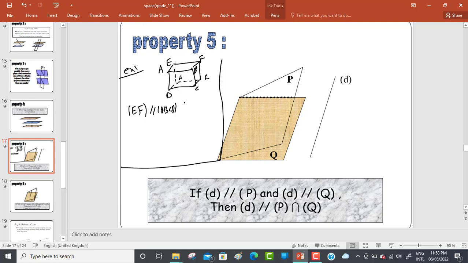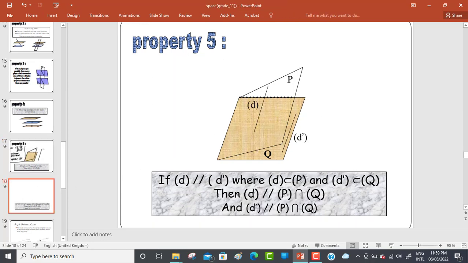For sure, a line is parallel to a plane if it's parallel to only one line of this plane. It should be outside this plane, sure. And line EF is parallel to the plane DCGH. So, for sure, line EF is parallel to their line of intersection. ABCD intersection with DCGH is DC. And this is true, we know that EF is parallel to DC. So if a line is parallel to two planes, it's parallel to their line of intersection.